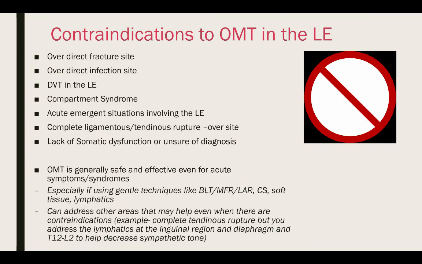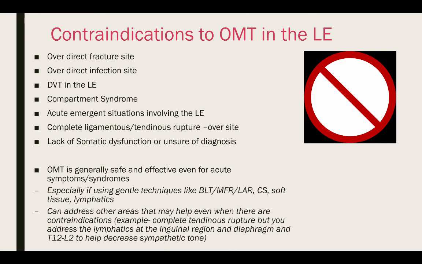Contraindications to OMT in the lower extremity: directly over fracture site, infection, DVT, compartment syndrome, acute emergent situations, complete ligamentous or tendinous rupture, and lack of somatic dysfunction. So, generally OMT is really safe and effective, and especially you can use really gentle techniques like BLT, myofascial release, LER, counterstrain.